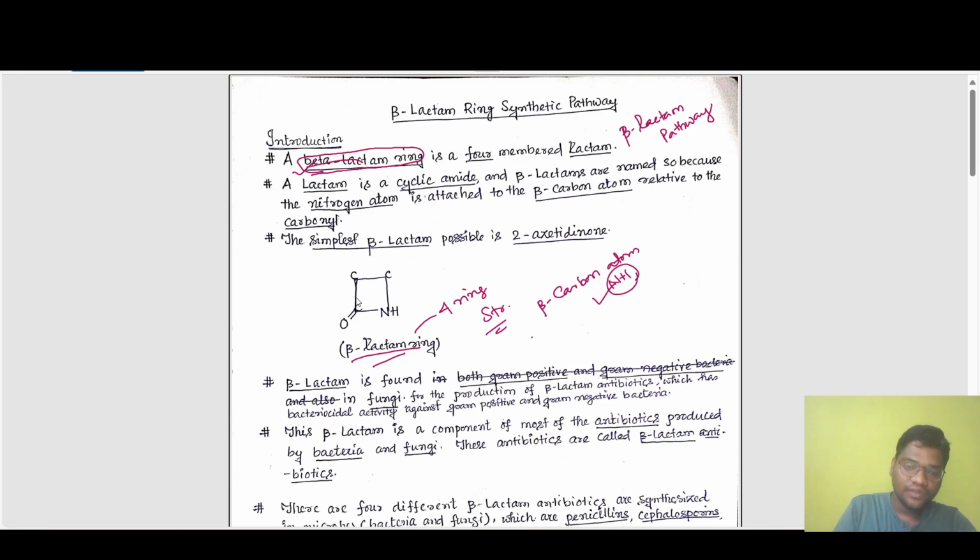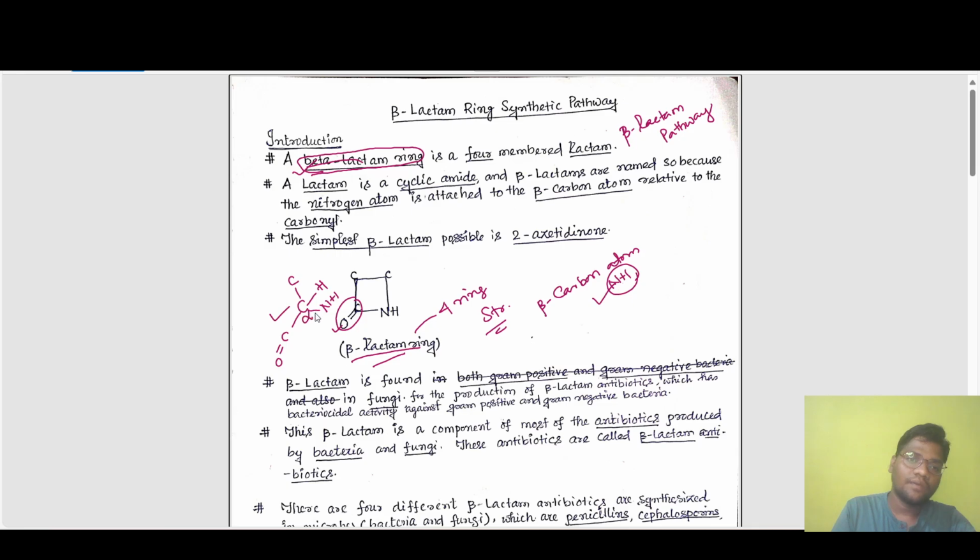Here you can see the keto group, and the structure is something like this. Again, NH is here, there will be H, and there will be C here.